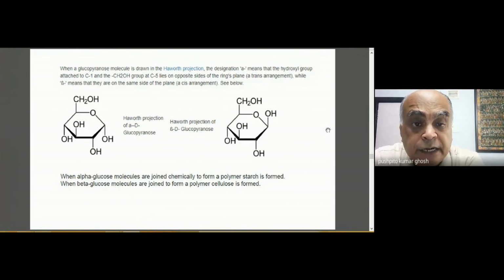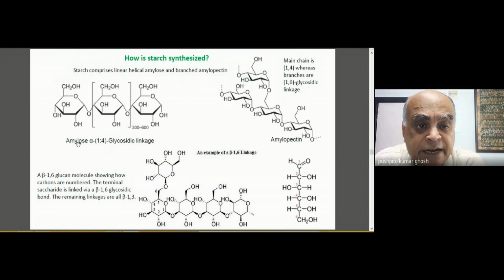All right. Now let us try and just understand the alpha and beta nomenclature. Notice over here it says alpha 1,4, and the example given here is beta 1,6.